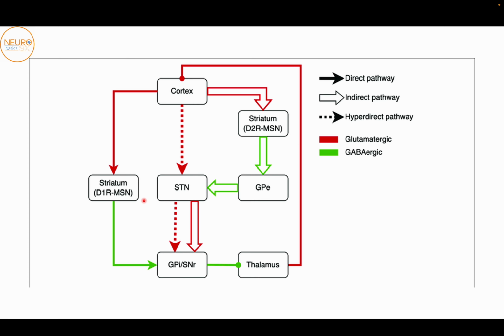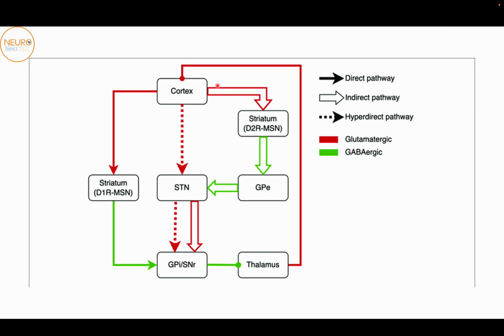Okay, now that definitely is slightly complicated to remember. The only actual concept you have to remember is the direct pathway is cortex to striatum to GPI SNR, and it is a stimulatory pathway, as in the output from the GPI SNR to the thalamus will end up being stimulatory.